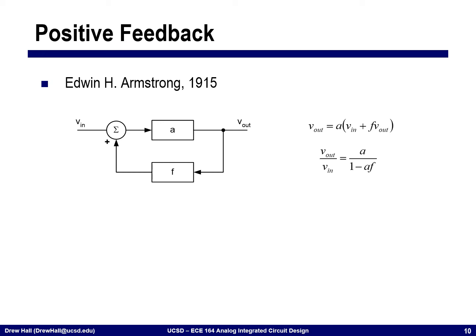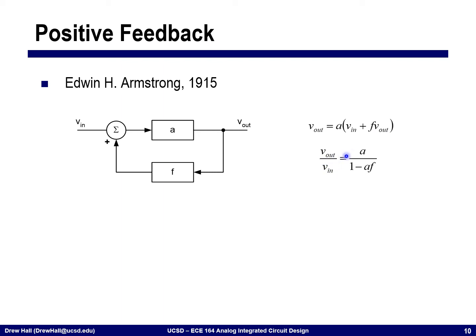Very similar conceptually with our block diagram: input, output, forward path gain of A, feedback of F. Instead of having a negative sign here, we have a positive sign, such that we're feeding back signal that happens to be in phase with the input. And so if we write the output function, the output is equal to A times the sum of V in and F V out.